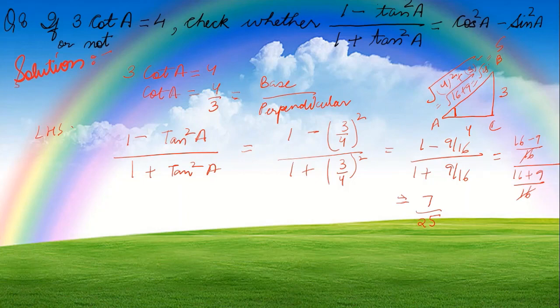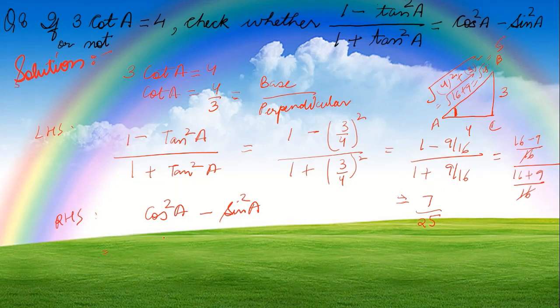Now after this, right hand side. Now we have to prove left hand side equals right hand side. Okay. Cos square A minus sin square A. Now you can see cos square A. The value of cos A will be, that is cos is base upon hypotenuse.